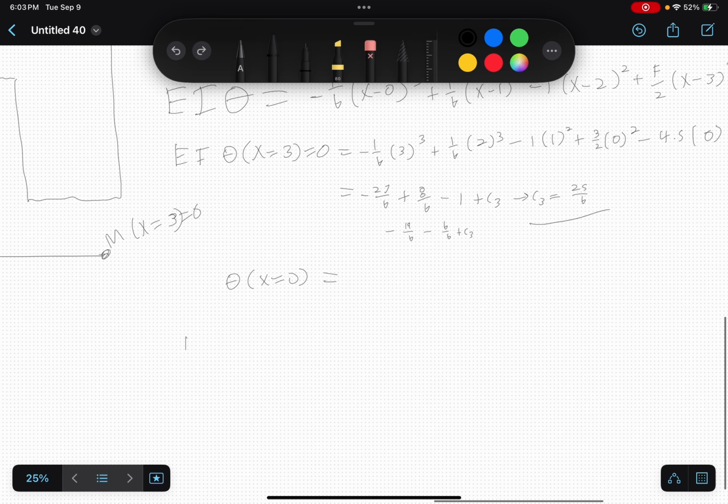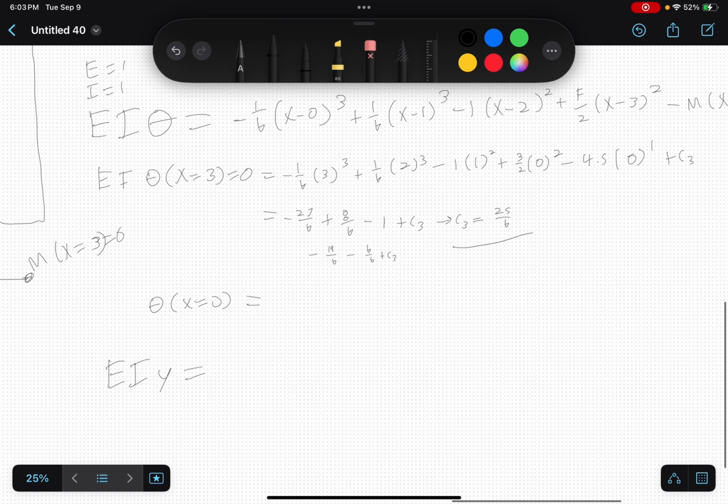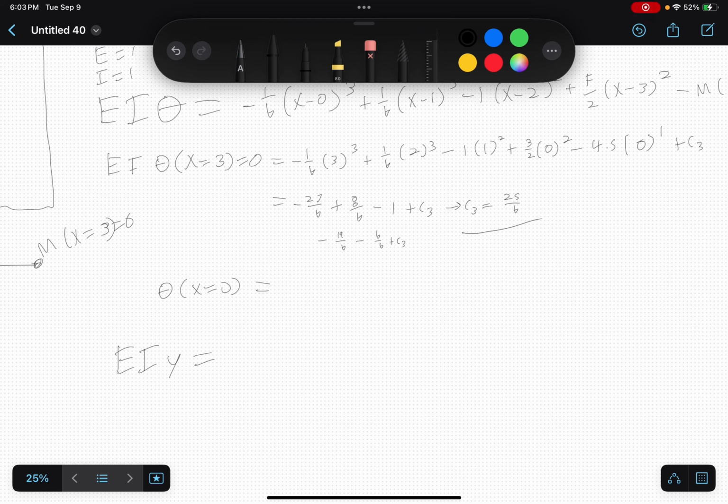And then the last one is EI y equals, well, you just integrate it again. 24.